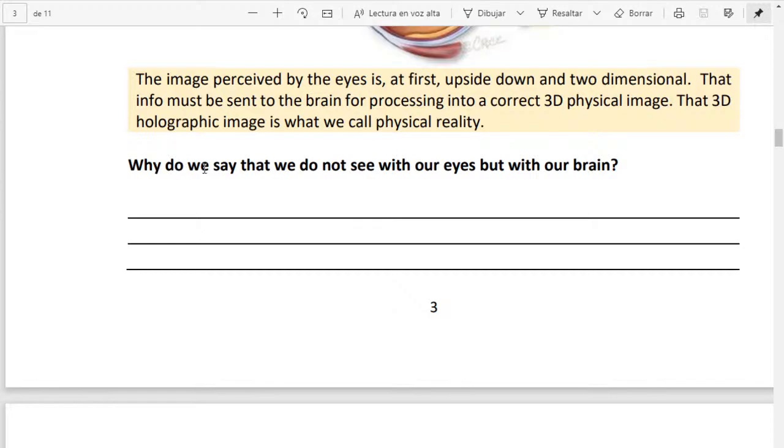Why do we say that we do not see with our eyes, but with our brain? Can anybody tell me anything about that? Is anybody attentive there?